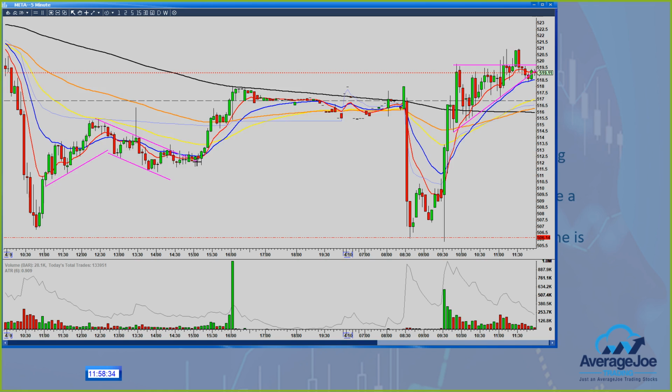Alright, so here we are. 1, 2, 3 hits. It's a legit trend line. Once we reverse it, once we reclaim this downtrend, look at what happens.